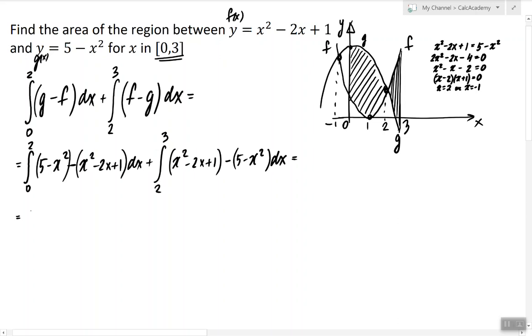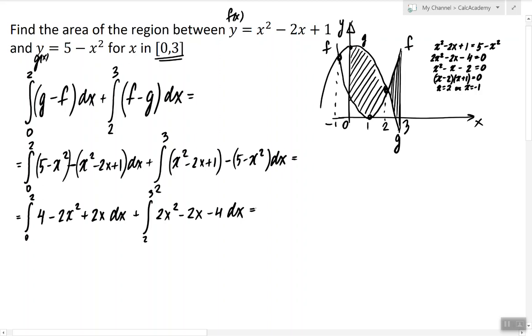Simplifying the integrands, we get the following. The integral from 0 to 2 of 4 minus 2x squared plus 2x dx, plus the integral from 2 to 3 of 2x squared minus 2x minus 4 dx.